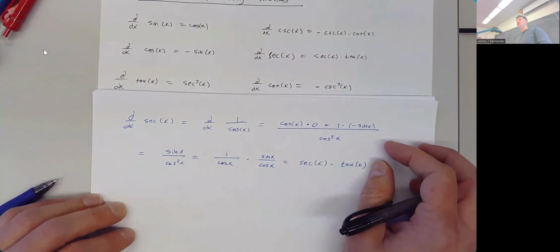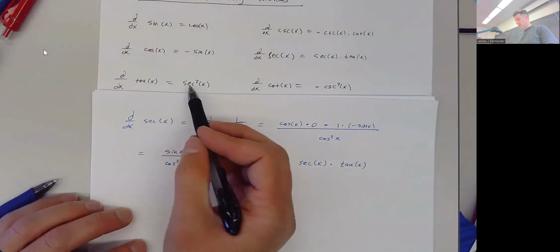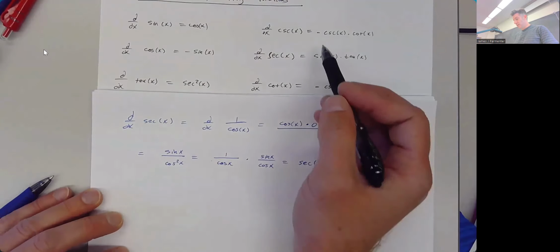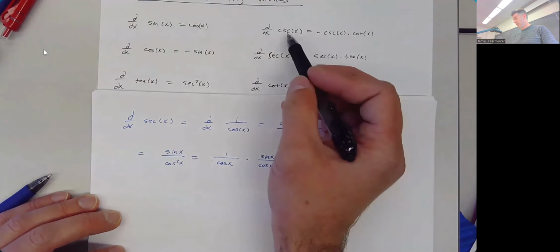So for any trig function and its derivative, you can take that one and just change all the things to the corresponding co-functions. So the tangent and the secant change to cotangent and cosecant.